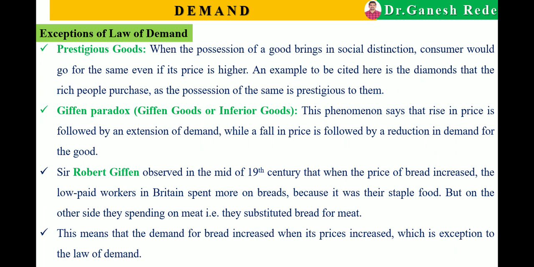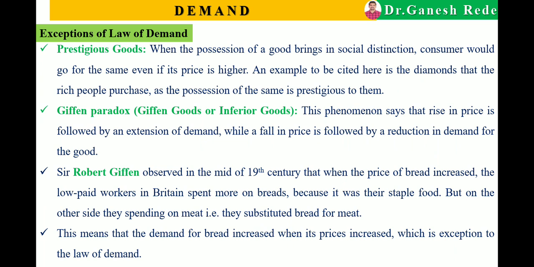The next is the Giffen paradox, or Giffen good, or inferior good. This is related to very low-priced goods, or necessities of life which are required by human beings for living. This Giffen paradox was studied by Robert Giffen in the 19th century.